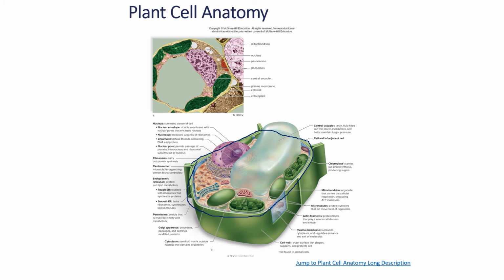Another thing that plant cells have that animal cells don't is this large central vacuole. And you can see that in the micrograph here. Animal cells do have vacuoles, but they don't have a central vacuole. It's not that big, and it doesn't have the same function. So animal cells have smaller vacuoles, and they have numerous ones, not just the one central one.